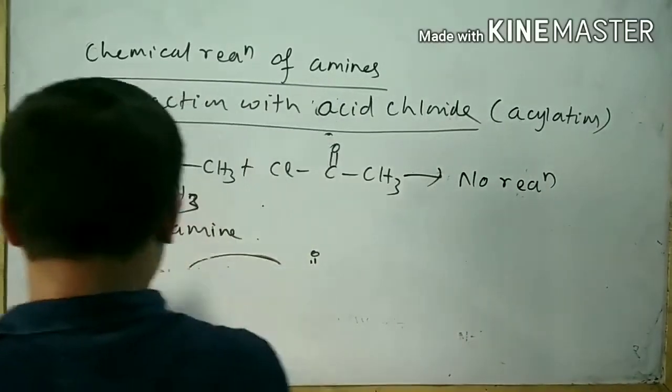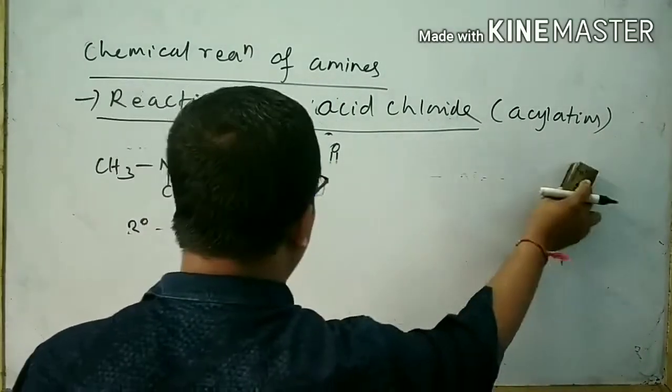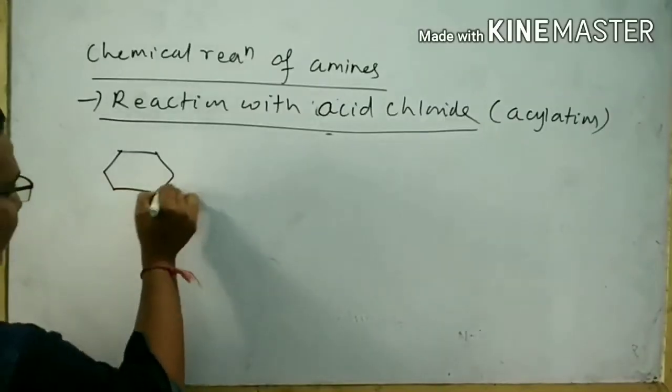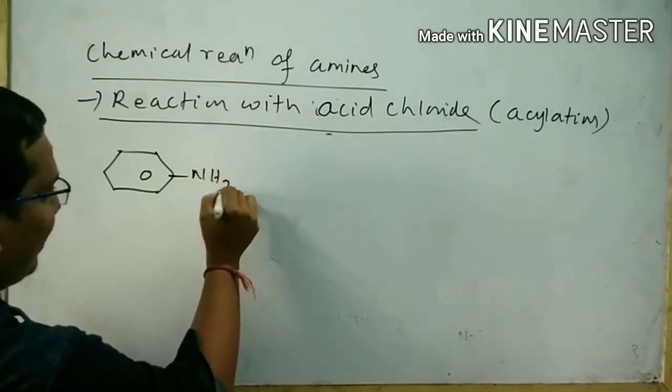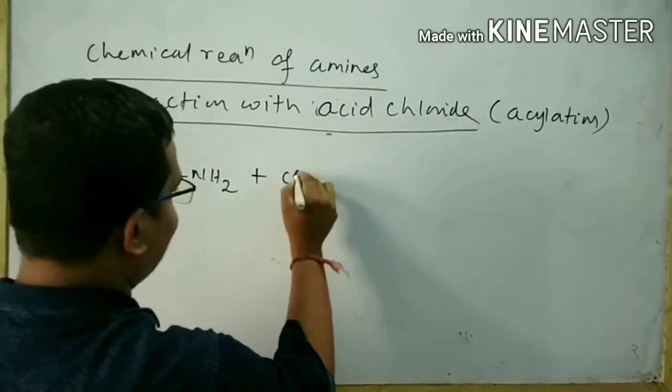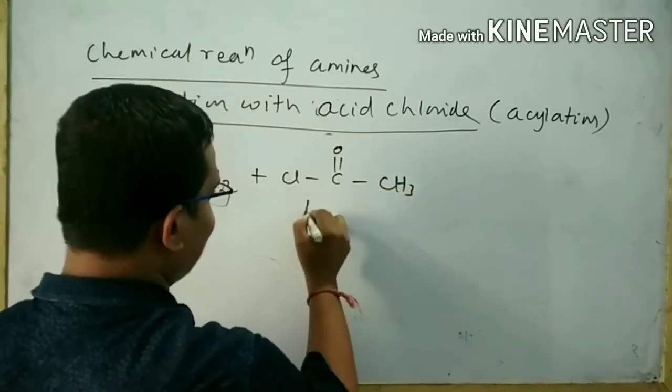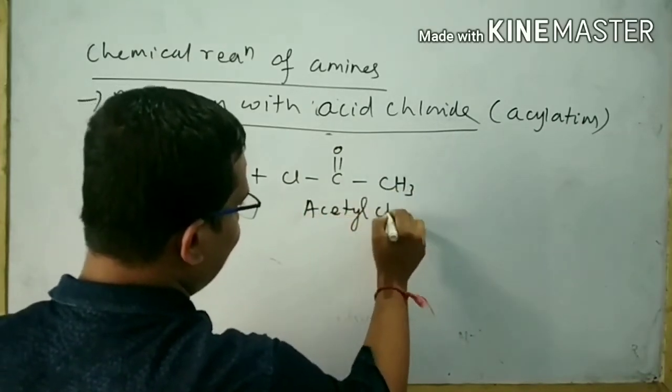Similarly, we can think about the reaction of aniline with the acid chloride. Take aniline, this is said to be aniline, and it is subjected to reaction with the acid chloride. Suppose take acetyl chloride.